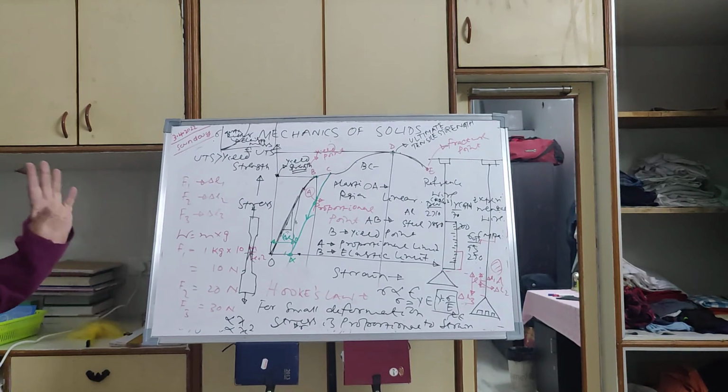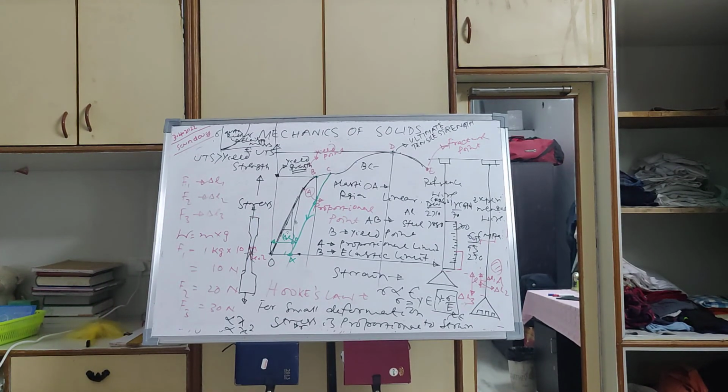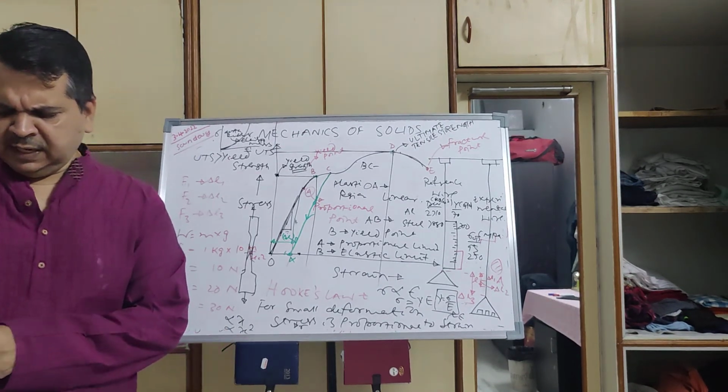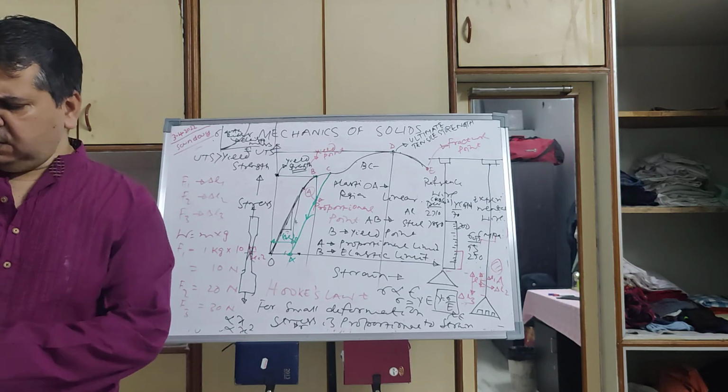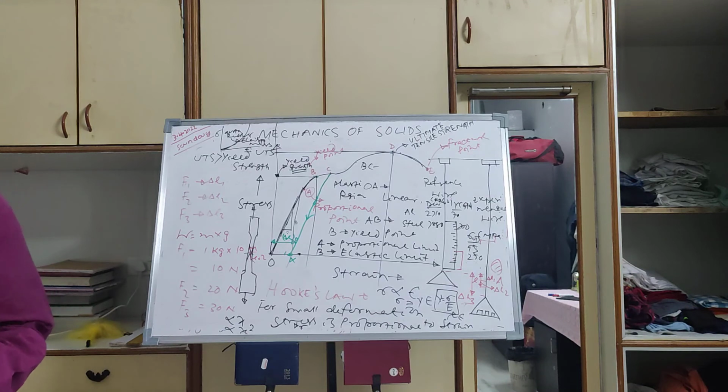So this is all about your stress strain curve. You need to remember each and every point of it. Go through it again and again. So we are done with this. Then we will have one more class on mechanics of solids.